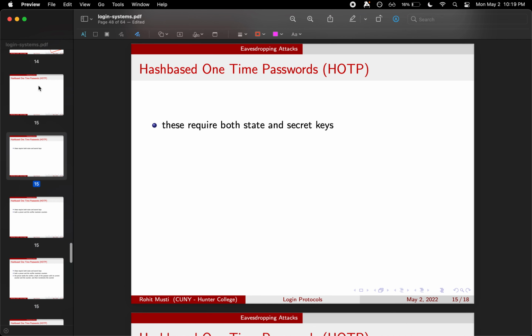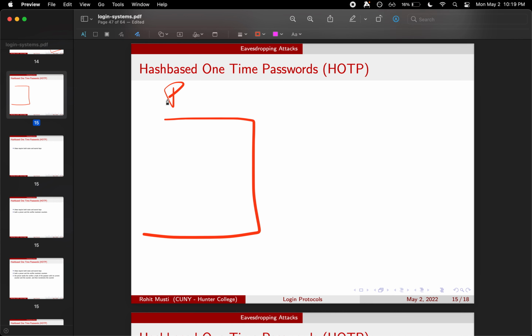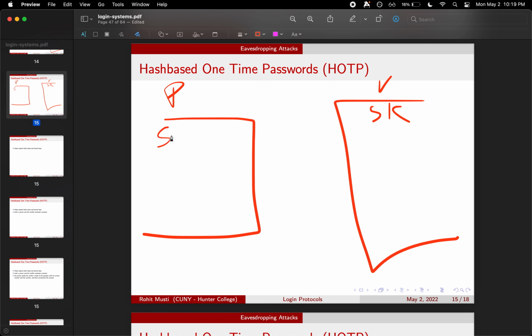So these look like this. You have the prover, you have the verifier, and they have the secret key. They have the secret key, and then they compute, right?